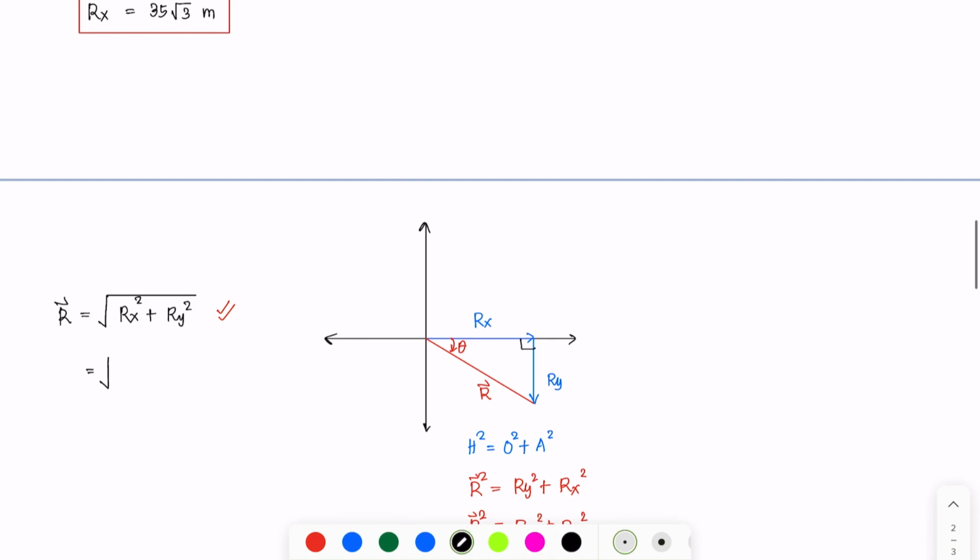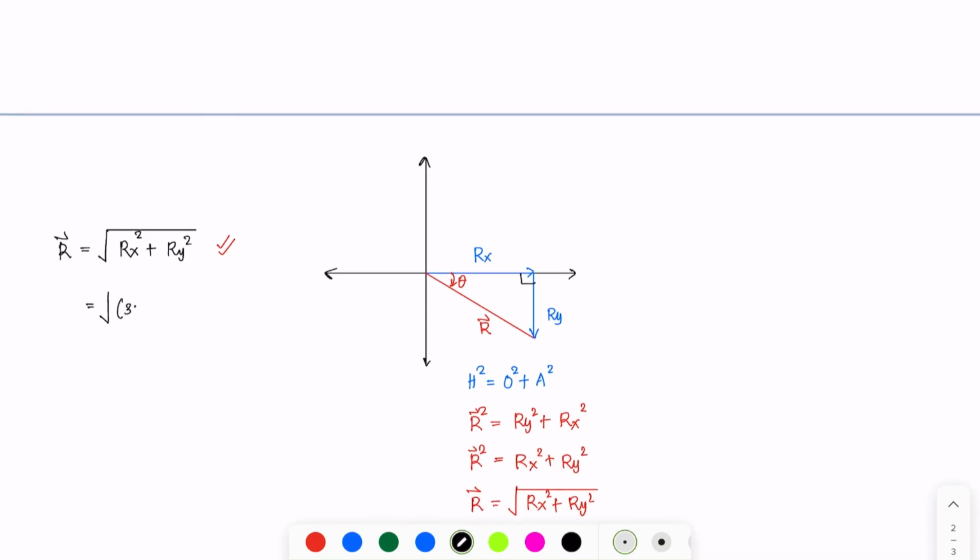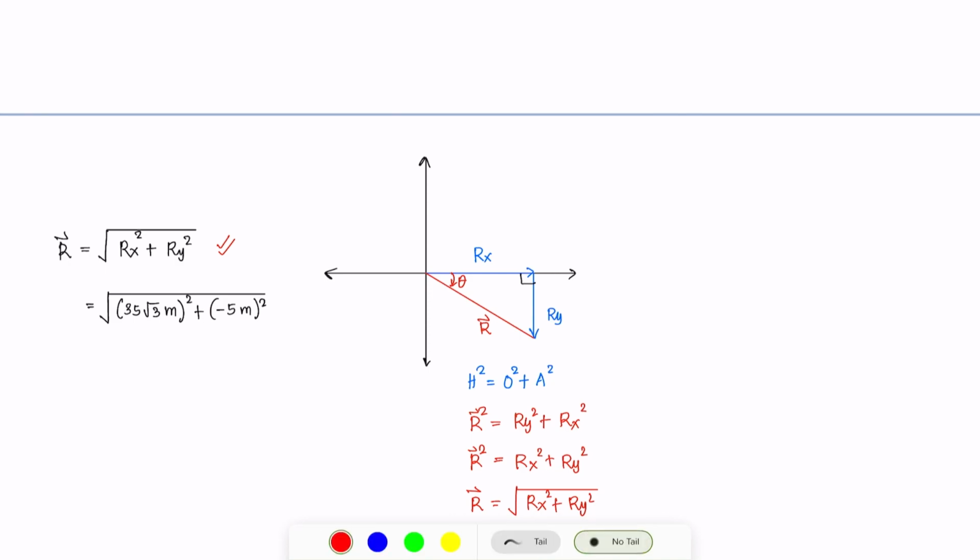Your Rx is just (35 square root of 3 meters) squared plus (negative 5 meters) squared. You have to be very careful in plugging in these values in your calculator because you should use a grouping symbol in this case, because the square is distributed to both 35 and square root of 3.